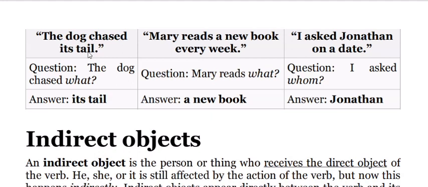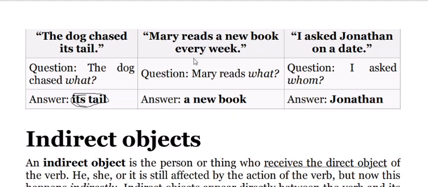Now it is a further explanation of the object. What is happening in this sentence? The dog chased, meaning the dog is working on its tail. As a question, the dog chased what? It is about its tail.